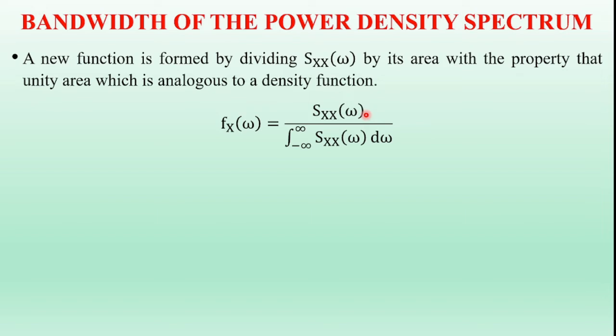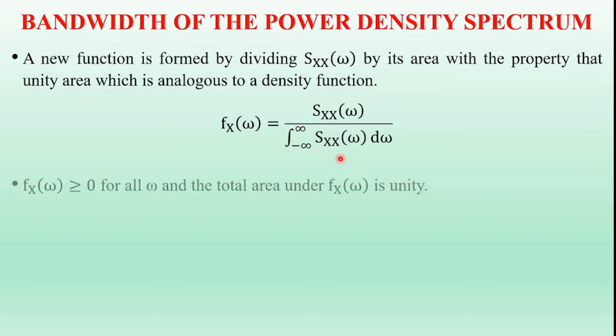So the area enclosed by a valid density function is always unity, but the power spectral density curve need not have unit area always, and it can be normalized to have unit area. So that is the area enclosed is the denominator term. The area enclosed is integral minus infinity to infinity Sxx of omega d omega.